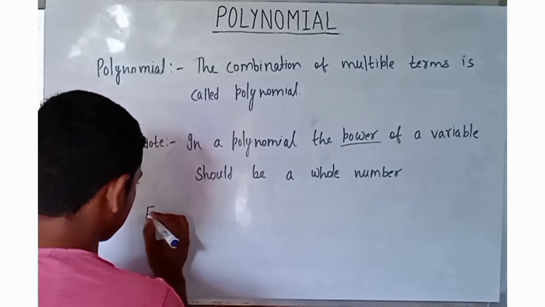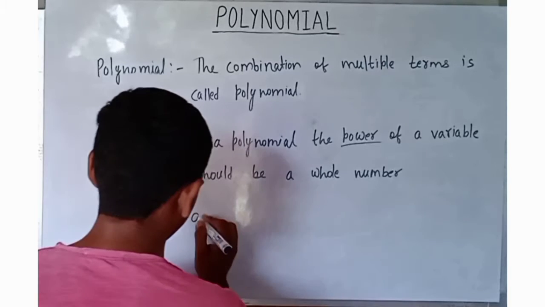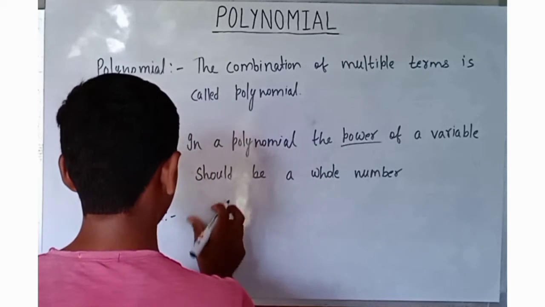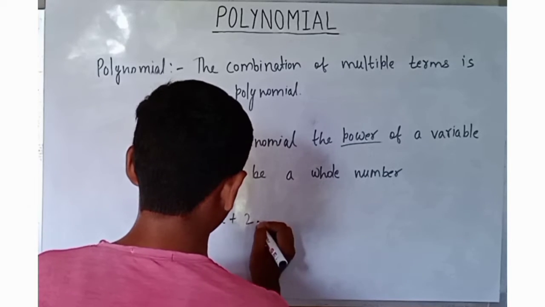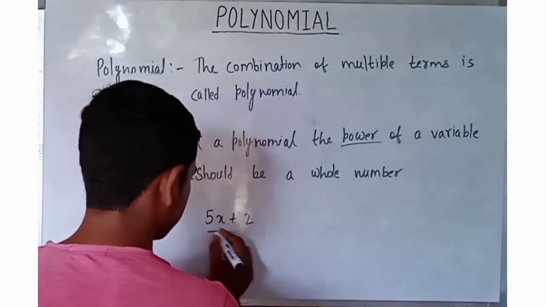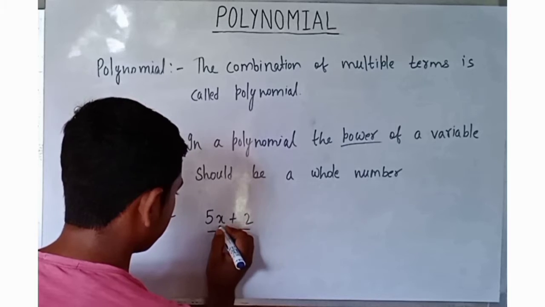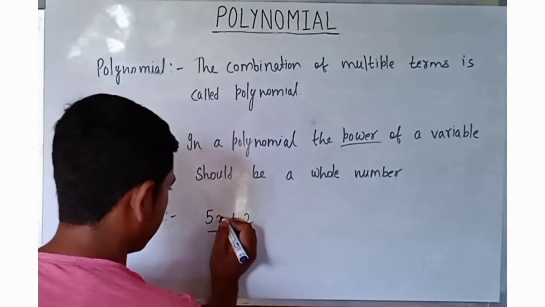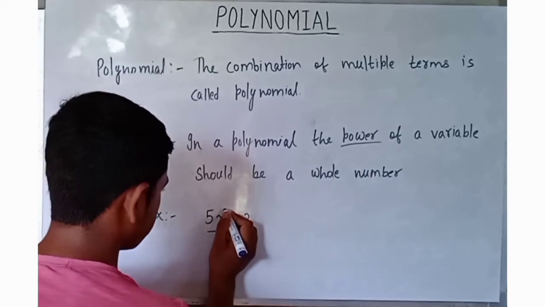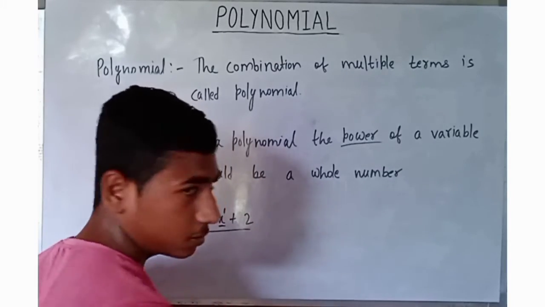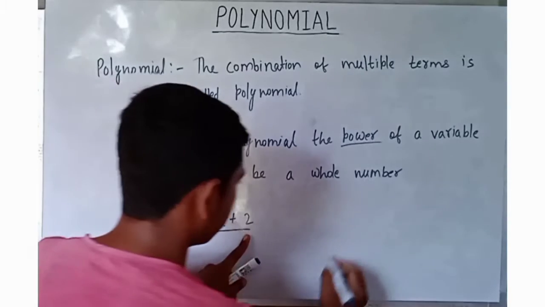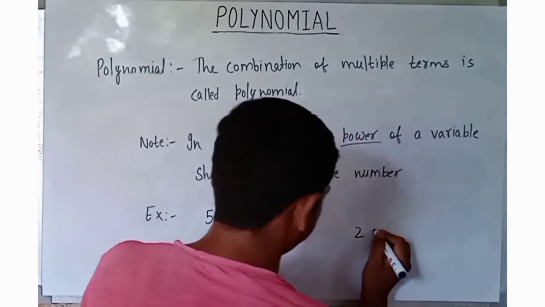For example, 5x plus 2. Here the power of x is 1, and for the constant 2, using the previous chapter's concept, we can write it as 2 into 1.